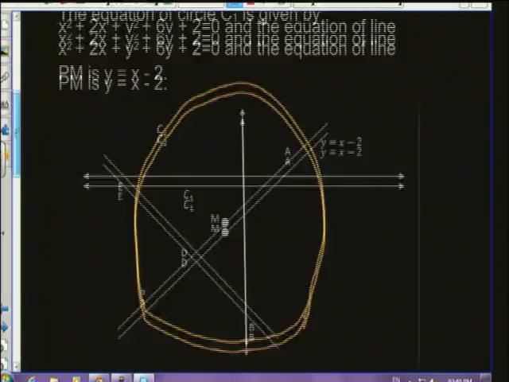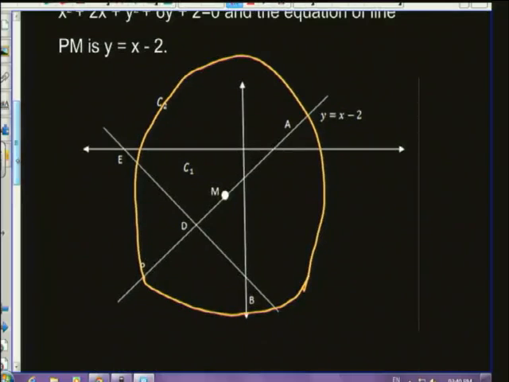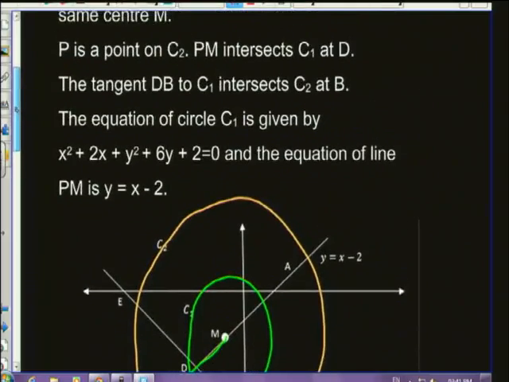right? And then they say PM intersects C1 at D. So there's my line PM. It cuts C1 at point D. Right? So if I draw a circle C1, okay, that point D there is where the line PM intersects it.